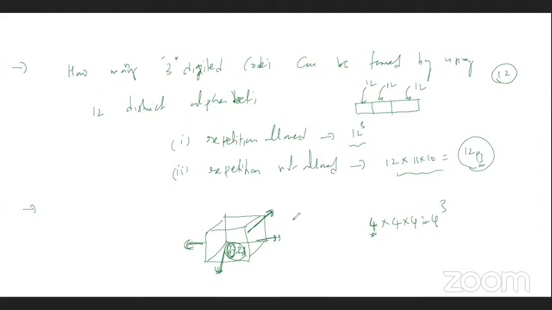In how many ways can all the 3 members come out from the room? Next question.